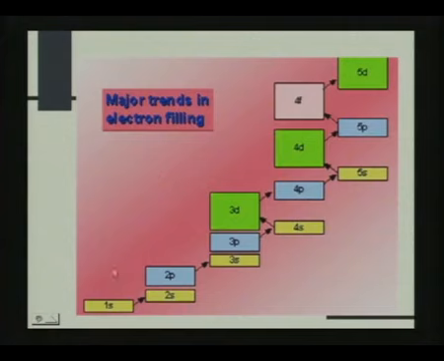This is the Aufbau principle, where you will see 1s, 2s, 2p, 3s, 3p, 4s, 3d, 4p, then 5s. So this is the n plus l rule. First the 4p will be filled up and then the 5s. A similar thing you can see in the case of 3p and 4s.